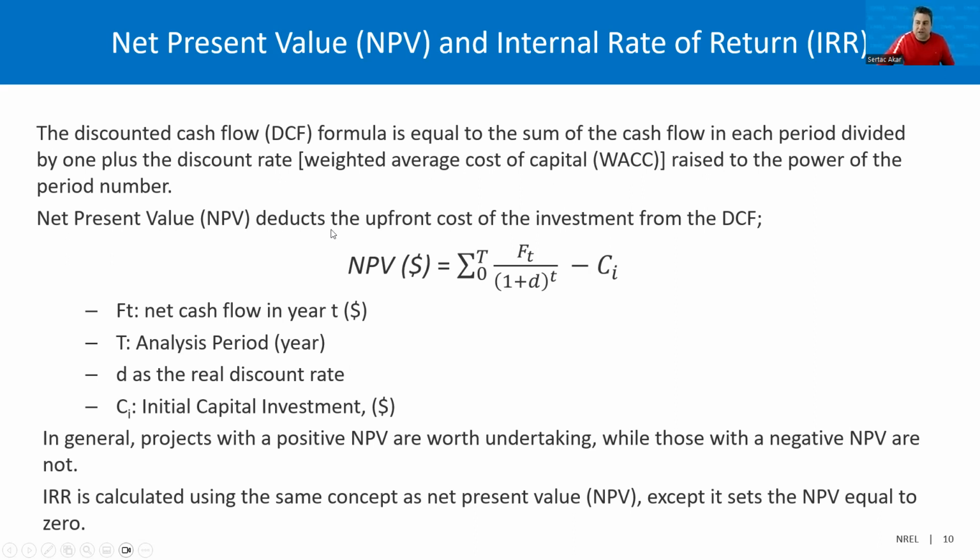And net present value actually deducts that initial capital cost from this formula. So up to here, this formula is the DCF. And when you deduct the capital cost investment from here, which is actually the cash flow every year coming from your revenue divided by that discount rate throughout the lifetime, minus the initial capital investment, it gives you the net present value.